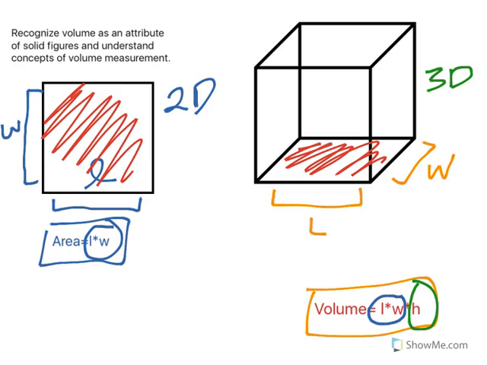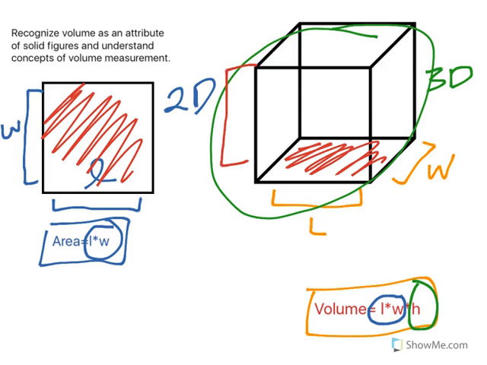And now for volume, what we want to know is how much matter fills up this whole cube right here, this whole thing. That's what we want to know. So that's why we add our new component, which is right here, which will be, draw it down here, the height.